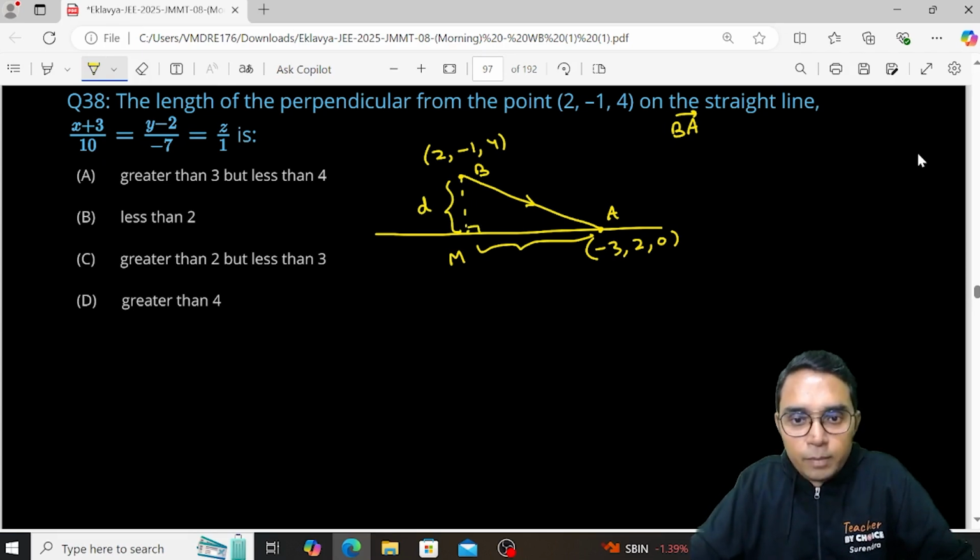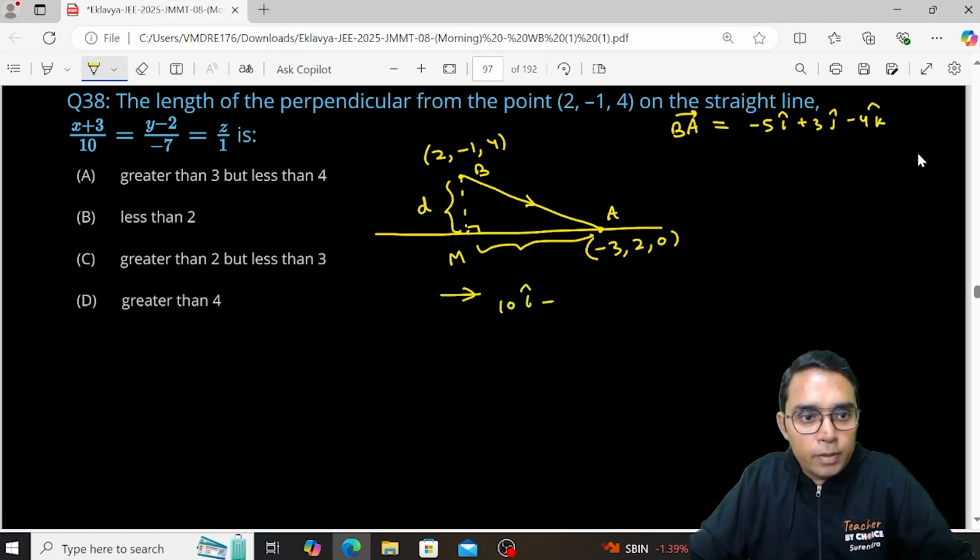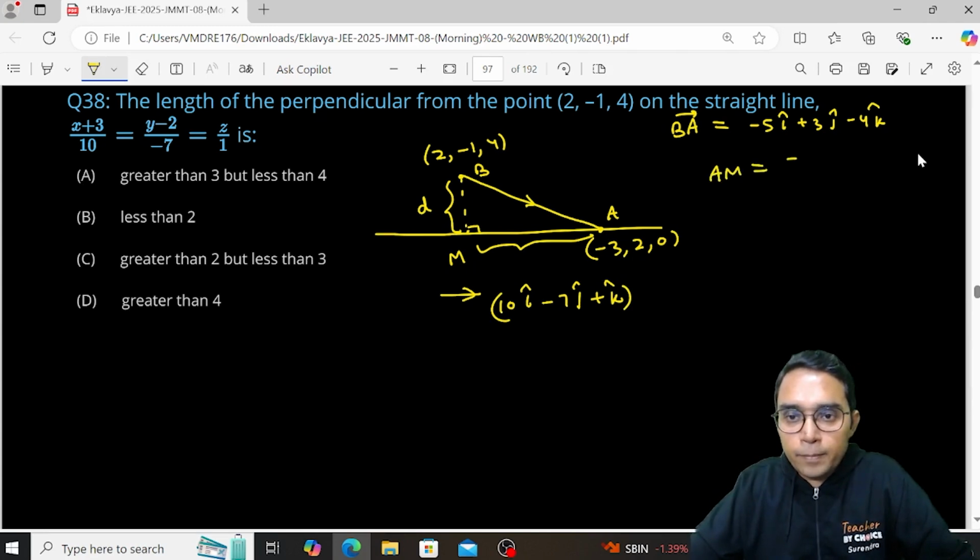So vector BA is actually minus 3 minus 2, so minus 5 i cap, and 2 plus 1, so 3 j cap, and 0 minus 4 k cap. And the vector along the straight line is 10 i cap minus 7 j cap plus k cap, given by these direction ratios. Now you can find the projection AM as the dot product of these two, which is minus 50, minus 21, minus 4.